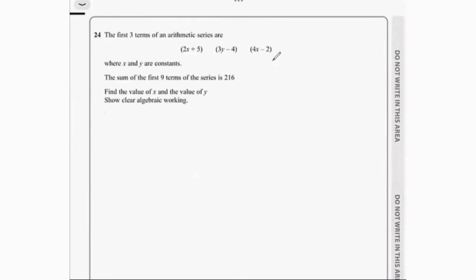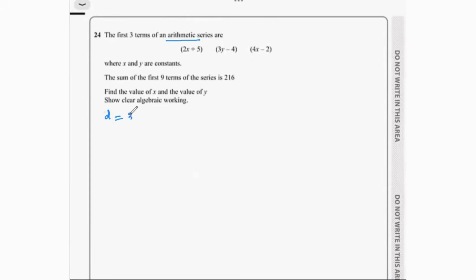So if these are the first three terms, that means the difference between the second and the first term is going to be the same as the difference between the third and the second term. Why? Because it's an arithmetic series, which means the common difference is the same between each term, which the name itself says: common. So we find the difference between the first two terms first.